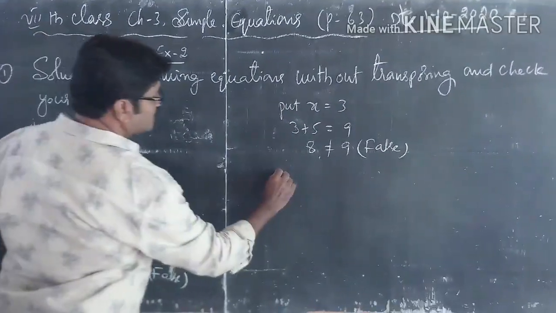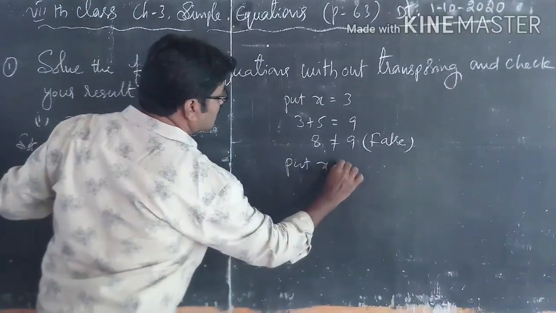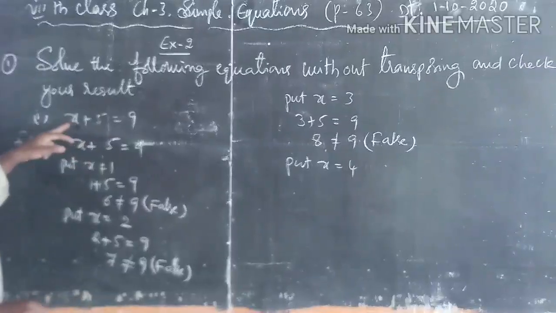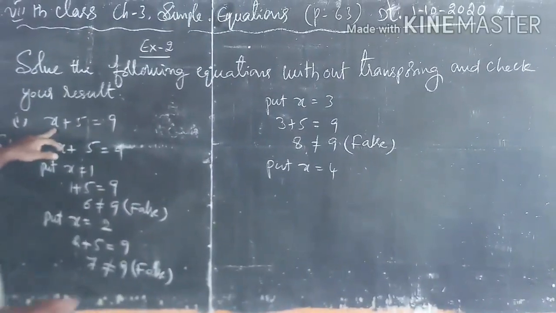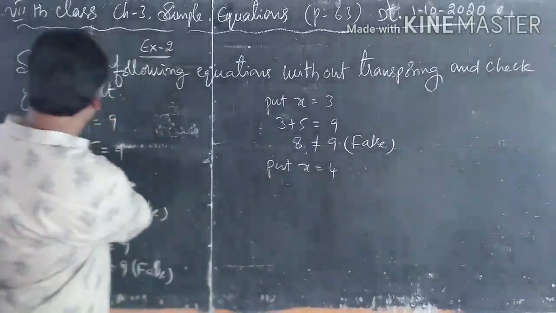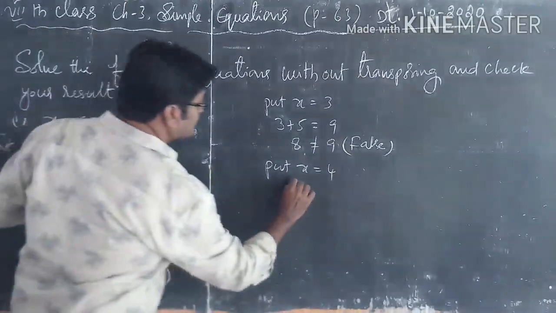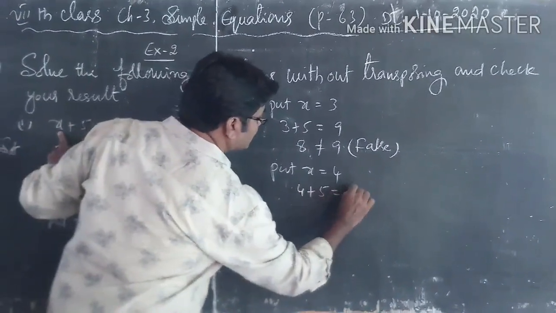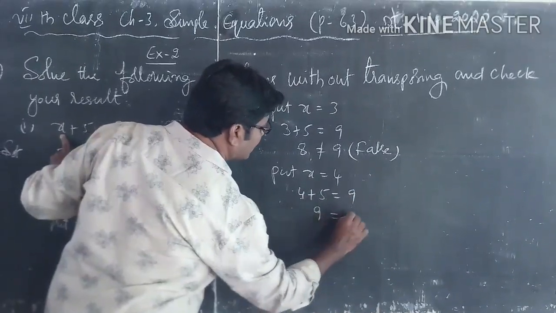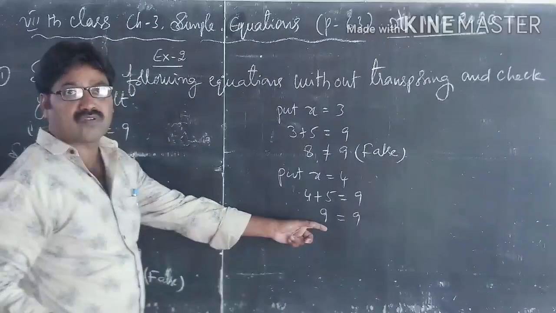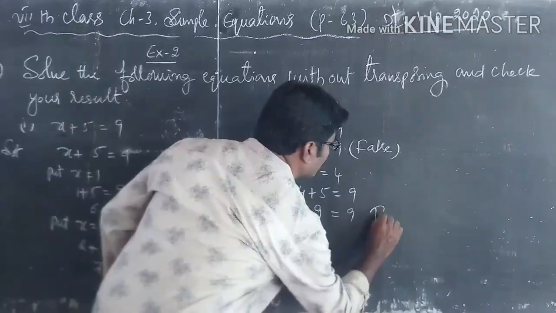Next, put x is equal to 4. In place of x, write 4. 4 plus 5 is equal to 9. 4 plus 5 is how much? 9. 9 is equal to 9. Both sides are equal. True.